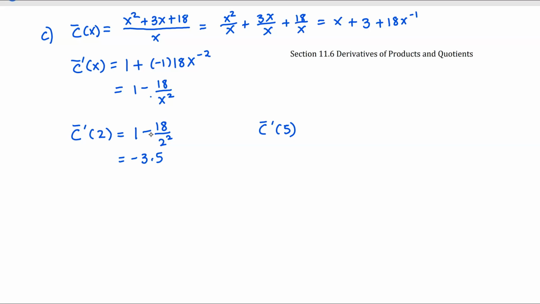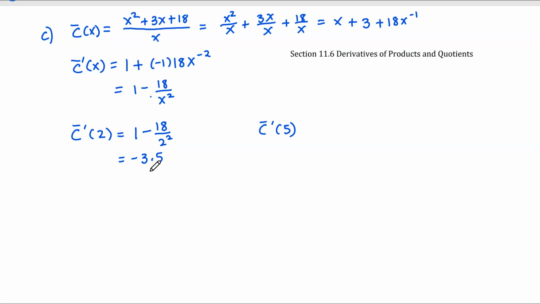So this means that at this production level, if an additional 100 arrangements are produced, the average cost will be decreased, because this is negative.